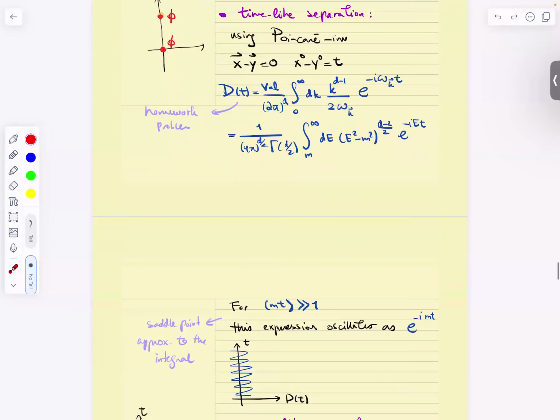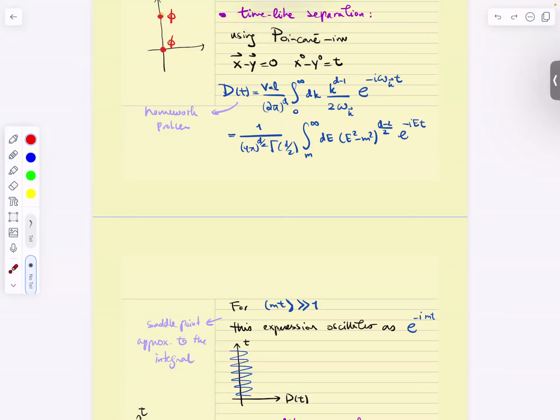Okay, so part of the homework would be the following. You found this expression. Then you can see from this expression that when m times t is much, much larger than 1, the long time limit, you could approximate this integral using the saddle point approximation, and you learn that it scales like e to minus imt.